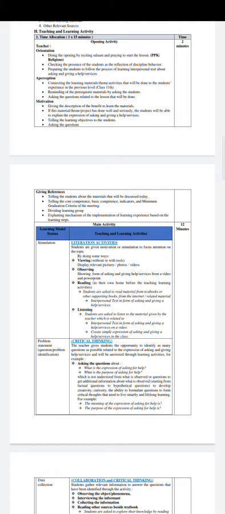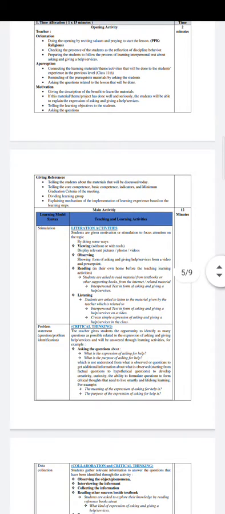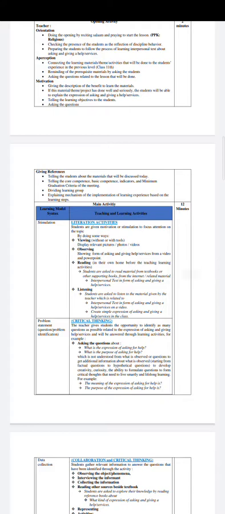Telling the learning objectives to the students and asking questions, and also giving references, telling the students about the materials that will be discussed today, telling the core competence, basic competence, and also indicators and minimum graduation, dividing learning groups, explaining the mechanism of the implementation of learning experiences based on the learning steps.